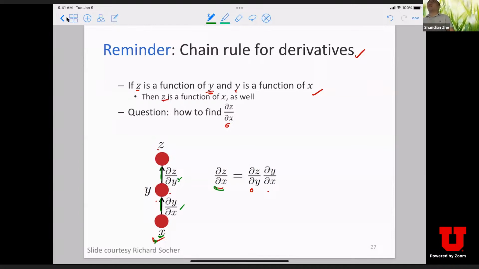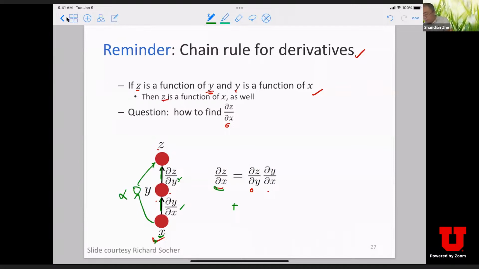Yes, exactly, right? So for example, if there is another variable alpha, z is a function of alpha, and alpha is a function of x, right? So we got two paths from x to z, right? So that means partial z over partial x will be the summation of the product of the derivatives along the two paths, right?